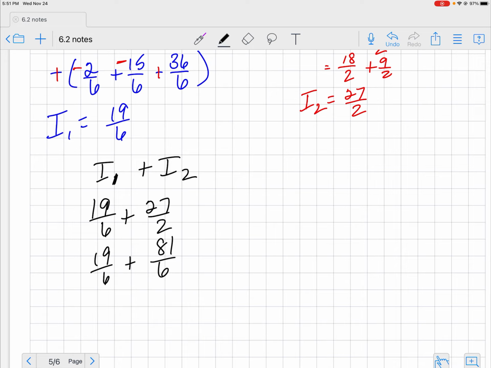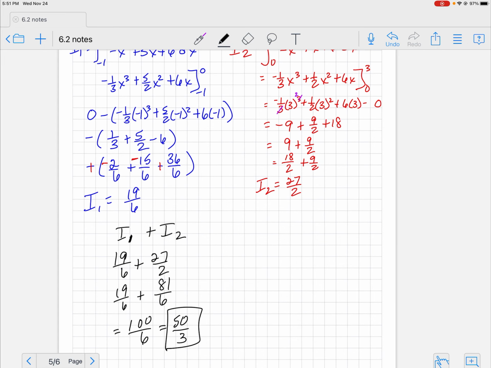What is that? 81. So my full integration here is going to end up with 100 over 6. And then reduce that, and I've got 50/3. There it is.